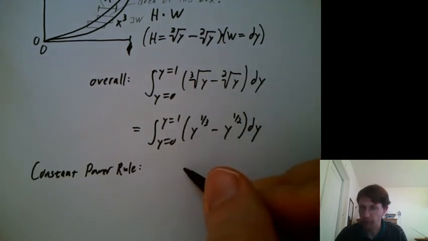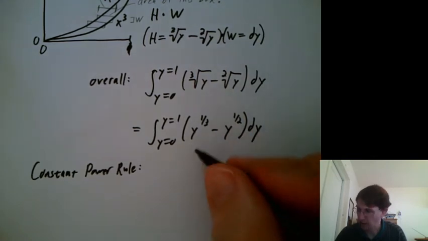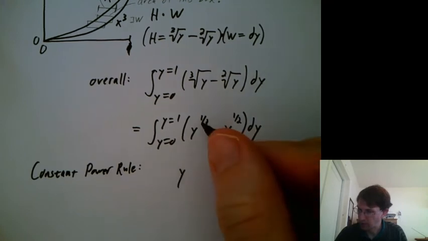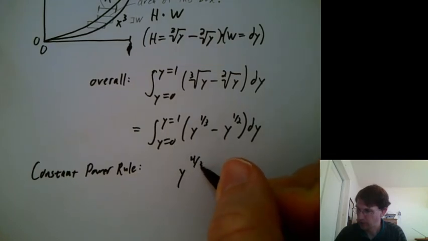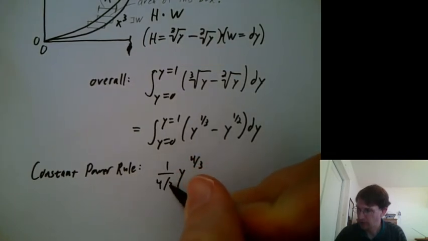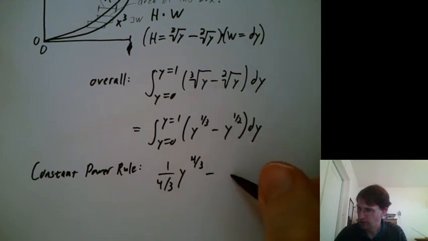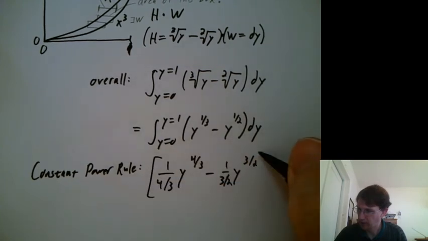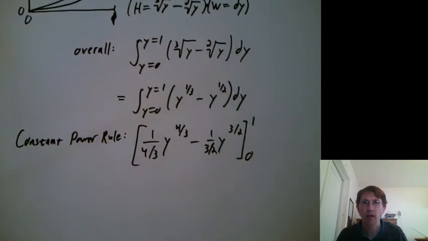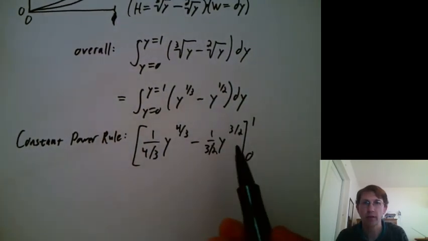So hopefully you paused the video and came back. For y to the 1/3, we'd do 1/3 plus 1, which is 4/3. Then we'd say 1 over 4/3 there. 1/2 plus 1 is 3/2, and 1 over 3/2. And we do all of that from 0 to 1. If you wanted to check this, what could you do?